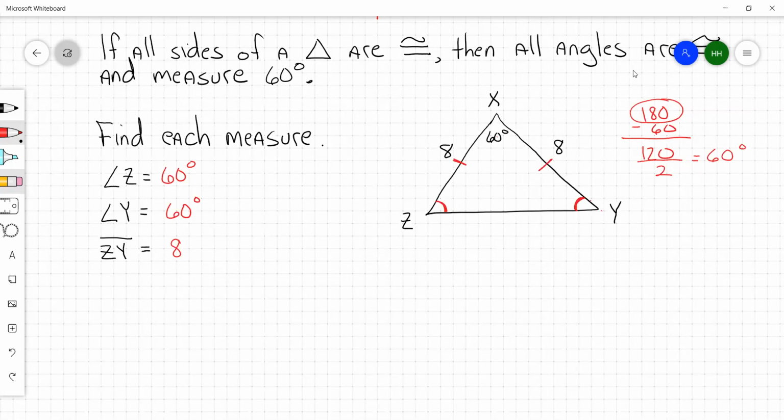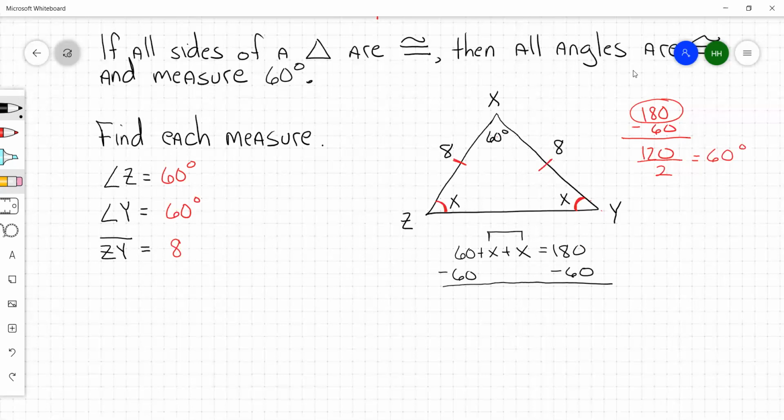It would look like this algebraically. If we put the variable x to represent those two angles, we would have 60 plus 2x has to equal 180. We would combine like terms and subtract 60 from each side.